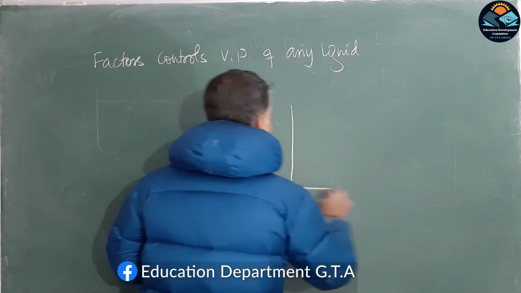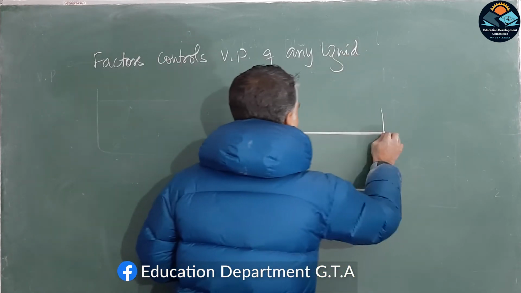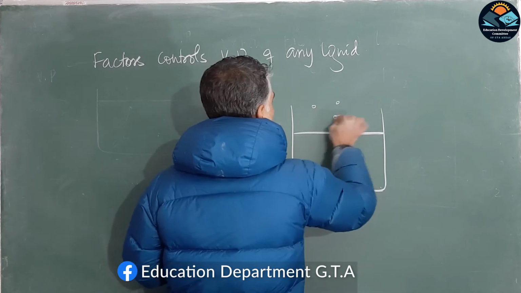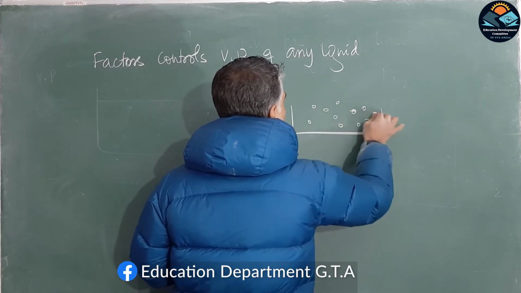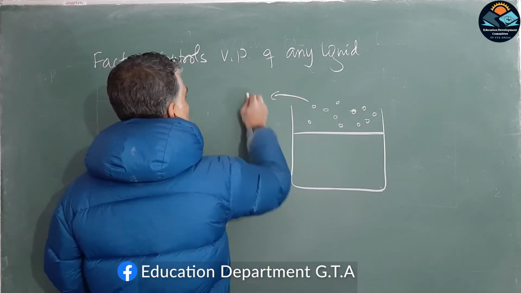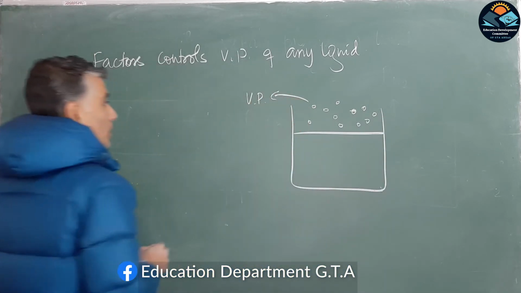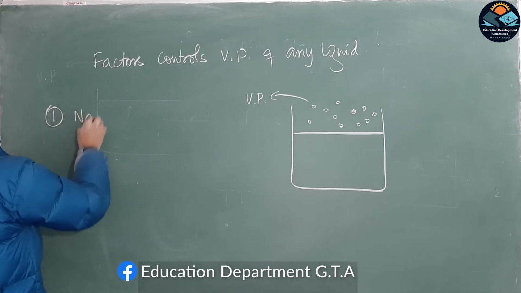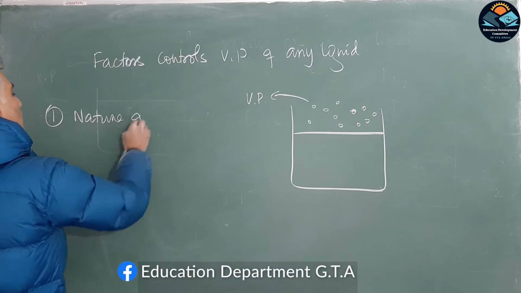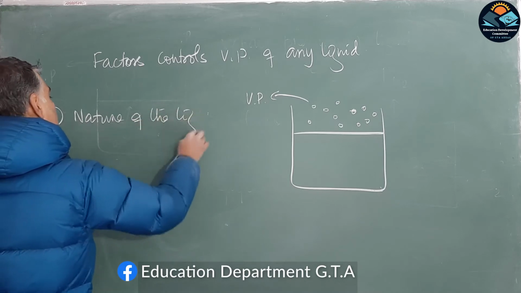Okay, so there's a particular liquid, how much vapor pressure it will have just above the surface of the liquid. This vapor pressure depends on many factors, and the first factor is the nature of the liquid. What's the meaning of this?